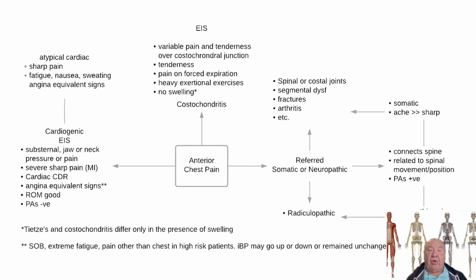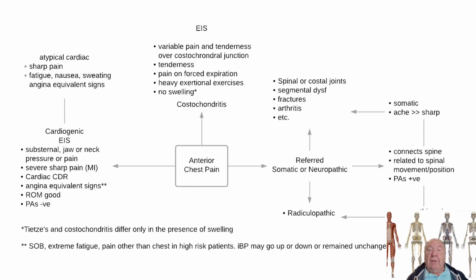These tend to be more common in women than men, and it also occurs in elderly people. Blood pressure can go up or down or remain unchanged during a heart attack or an angina attack. But my suggestion is you do a blood pressure reading anyway. If it looks elevated, it's another reason to refer them to the emergency room if these symptoms are ongoing.